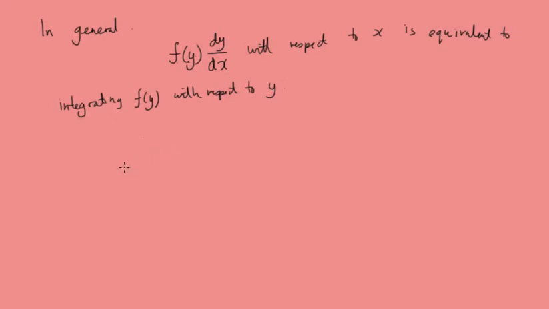What does that mean? Therefore, if we were to integrate f of y, dy by dx, it's equivalent to integrating f of y dy, because those bits would cancel out.